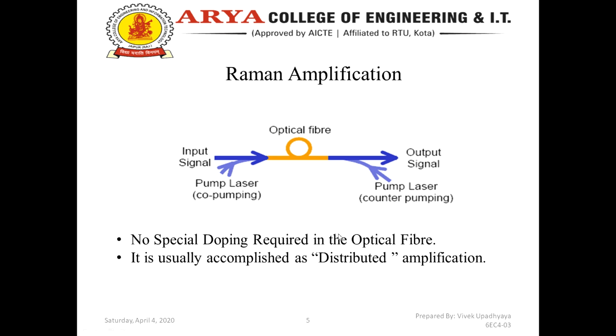Raman amplification requires no special doping in the optical fiber. It is usually accomplished as distributed amplification, that is, it happens throughout the length of the actual transmission fiber rather than all in one place in a small box, as is the case with an EDFA.